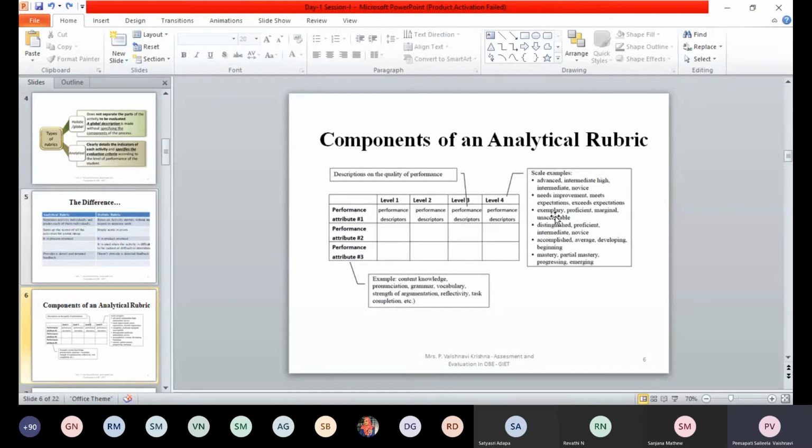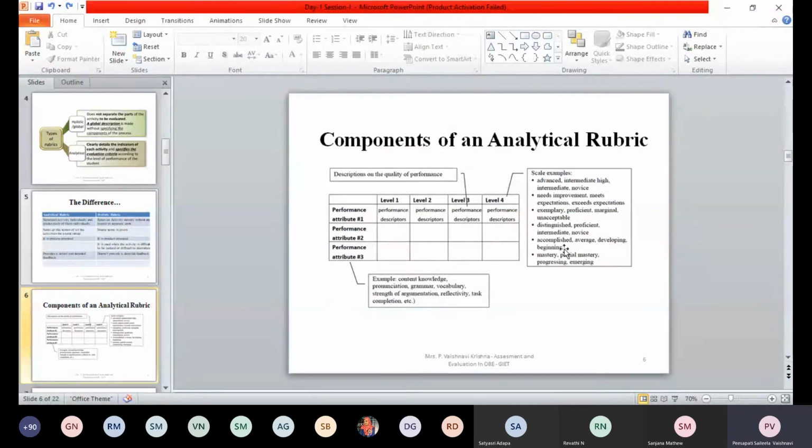Then I can use exemplary, proficient, marginal, and unacceptable. This is one such thing again. Another example is distinguished, proficient, intermediate, and novice. Or accomplished, average, developing, and beginning. See how pleasing it is to use this word "beginning" instead of telling "fail."